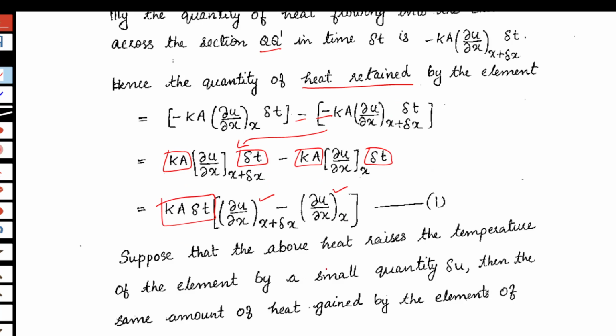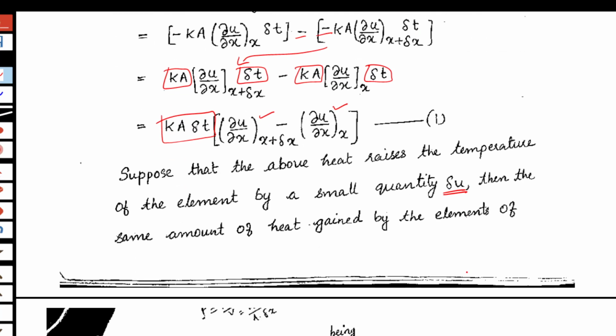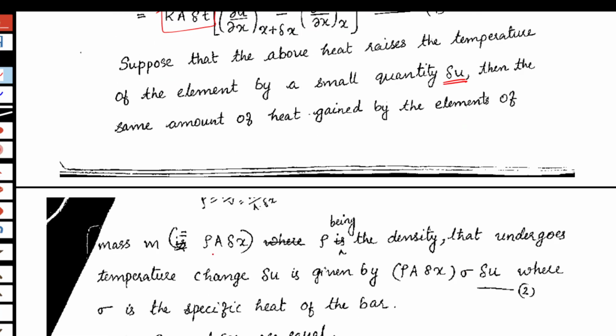Now, let us suppose that the above heat raises the temperature of the element by a quantity, say delta u. Then the same amount of heat is gained by an element of mass rho A delta x, where rho is the density, that undergoes the temperature change delta u, which is given by rho A delta x sigma delta u, where sigma is the specific heat of the bar.